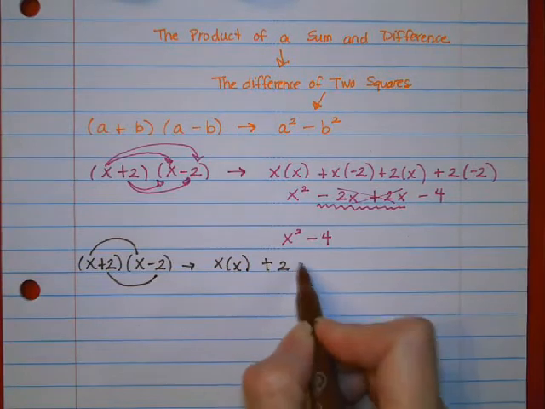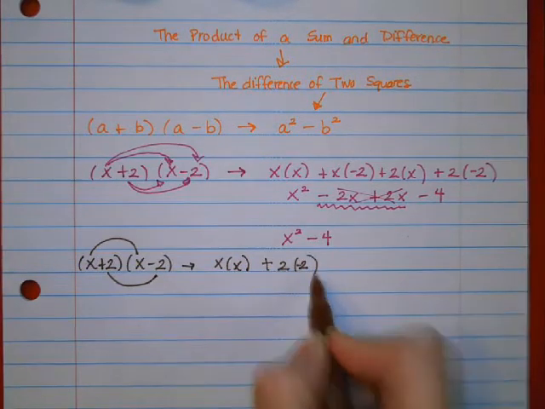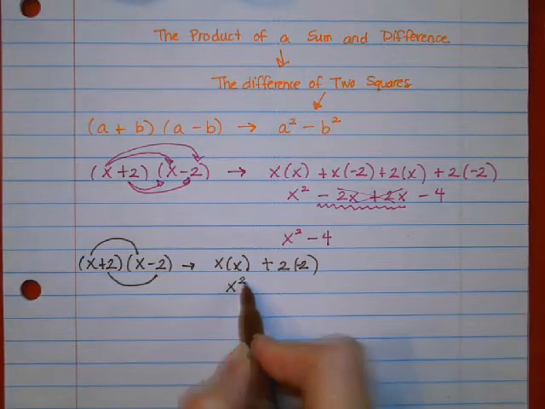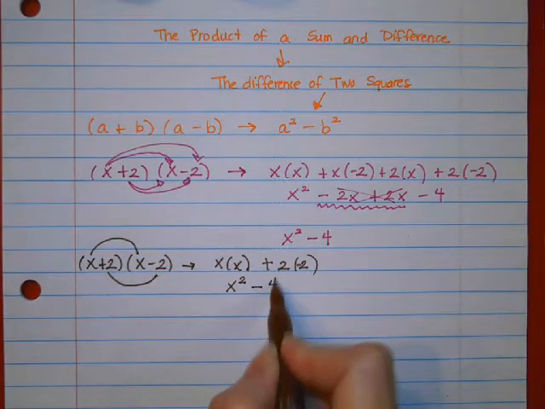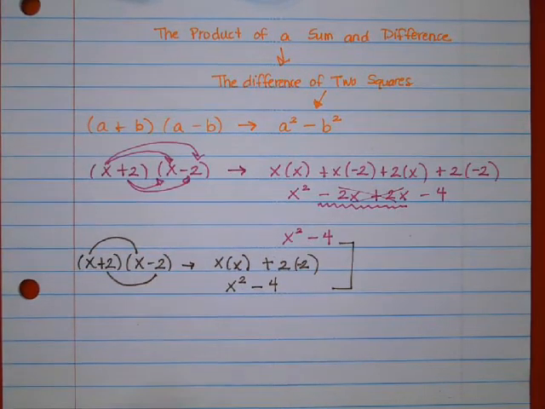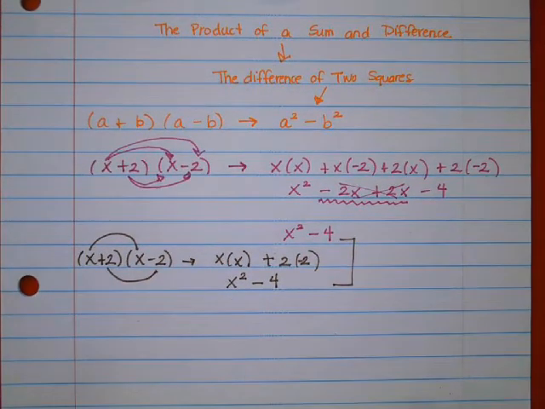If you want, you can say plus 2 times negative 2. So x times x is x squared, 2 times negative 2 is negative 4. As you can see, these are both the same exact answer, a much quicker method.